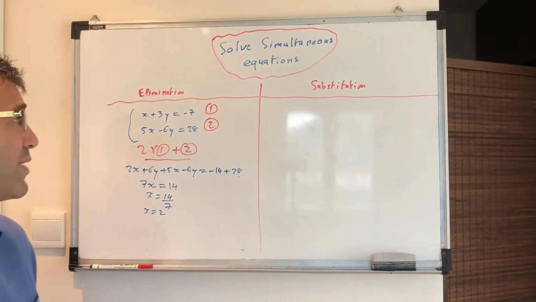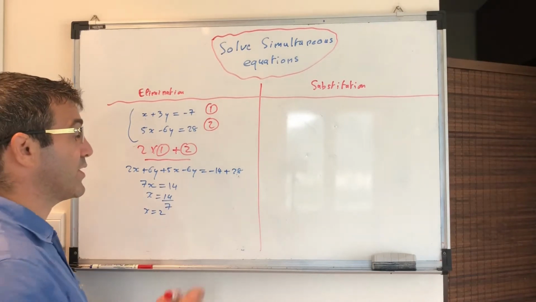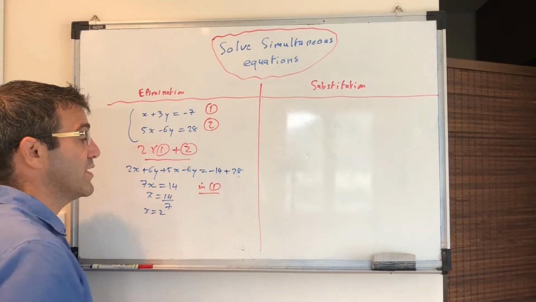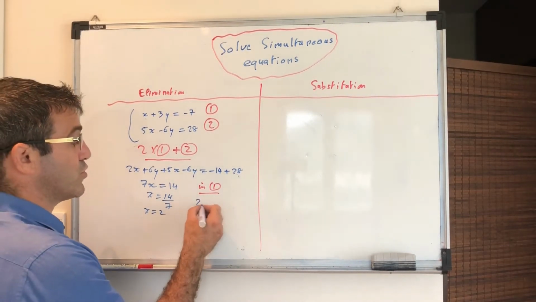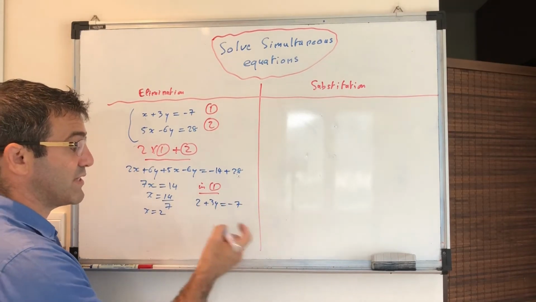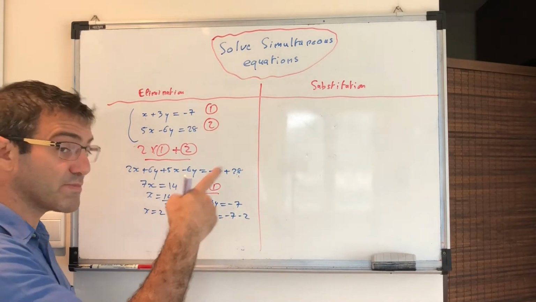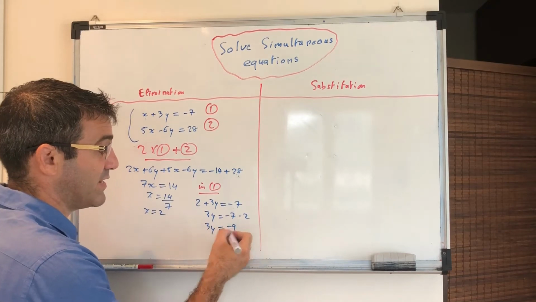Okay, so I found my x variable, and now I can try and find my y variable. So what I'm going to do is I'm going to put this x value inside perhaps the first equation. So in equation 1, I can say that 2 plus 3y is equal to negative 7. I move the 2 to the other side. 3y is equal to minus 7 minus 2, so plus becomes minus. 3y equals negative 9.